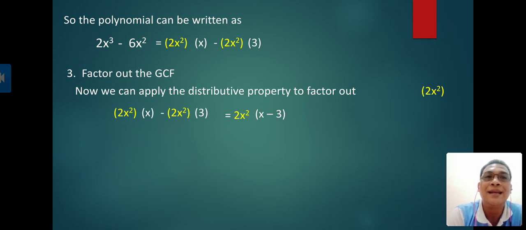Okay, class? This is the application of the distributive property. Remember that a multiplied by b minus a multiplied by c is equal to a times the quantity b minus c, where a is your GCF.